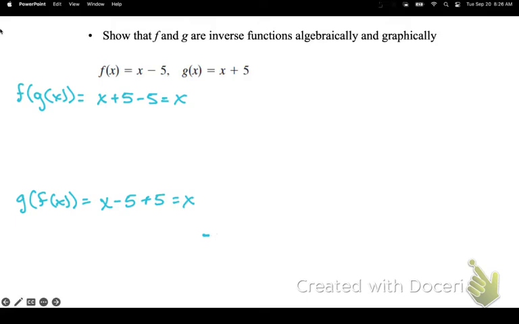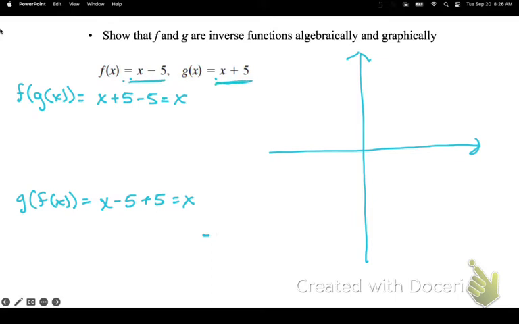But now graphically, if you guys want to put these in your calculator, you're more than welcome to do so. I would probably give you grid paper. But okay, so these have a slope of 1. This one has a y-intercept of negative 5, and this one's 5. So 1, 2, 3, 4, 5. That's the y.